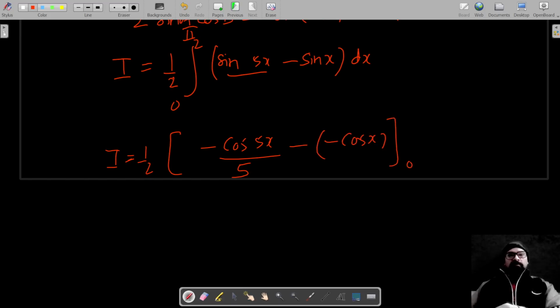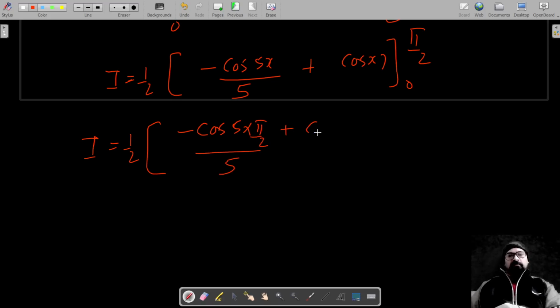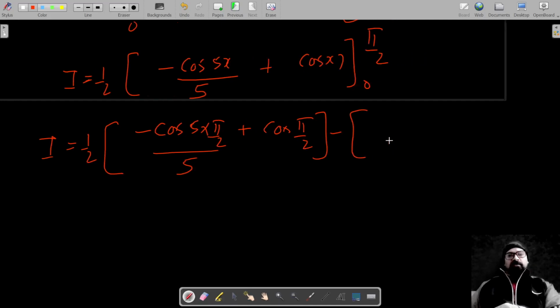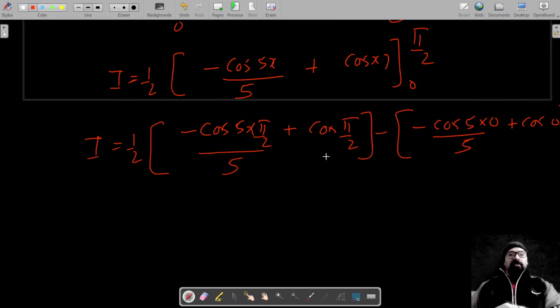So minus, minus is plus. Let's now evaluate it for pi by 2. So I is equal to 1 by 2 times minus cos 5 into pi by 2 divided by 5 plus cos pi by 2, minus, negative cos 5 into 0 divided by 5 plus cos 0.